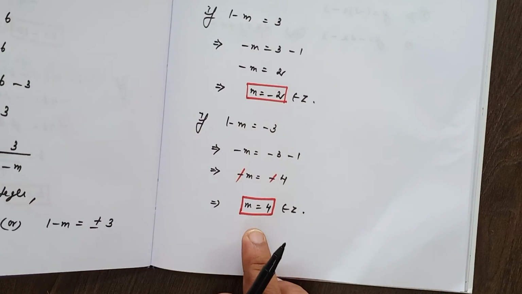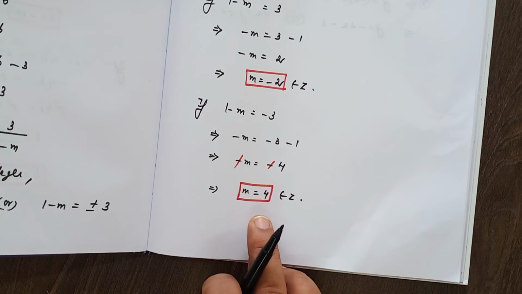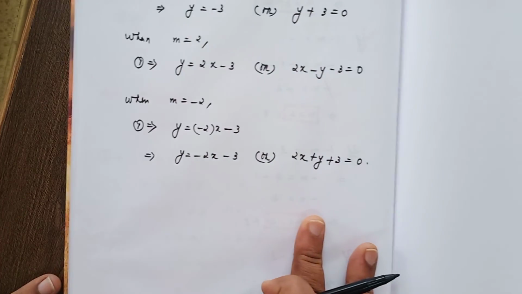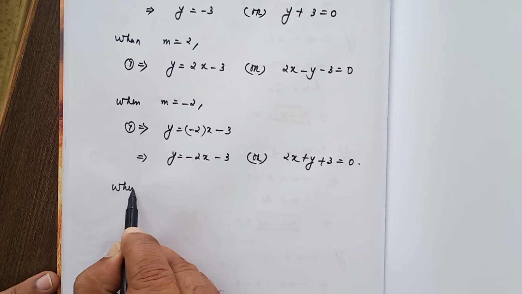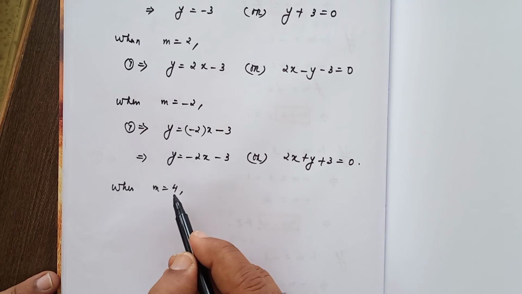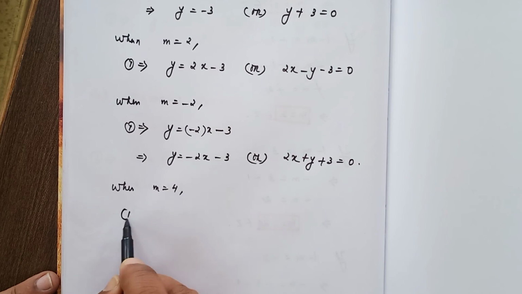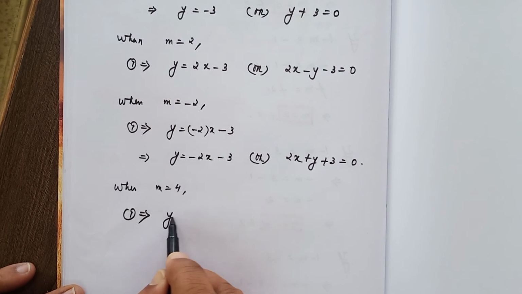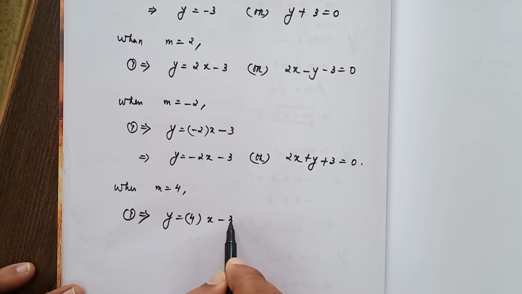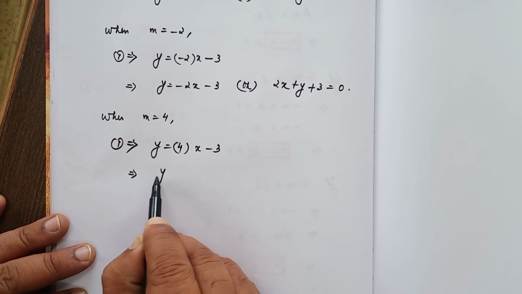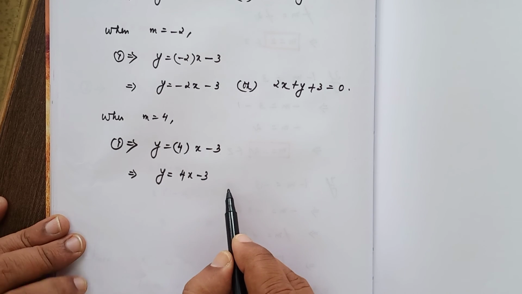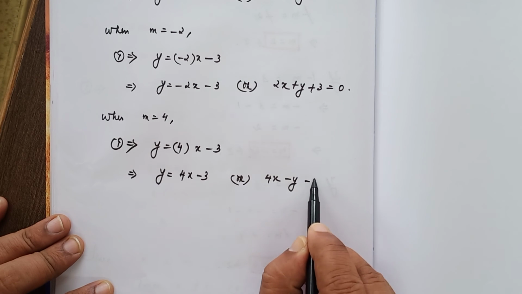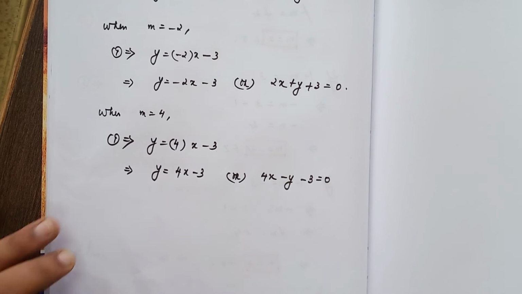Finally, when m = 4, in equation number 1 you have to substitute: y = 4x - 3, or 4x - y - 3 = 0.